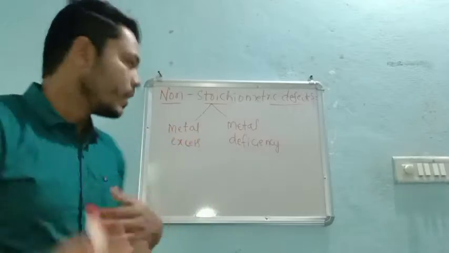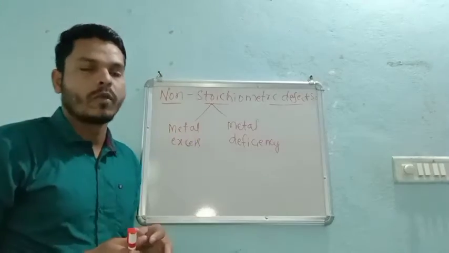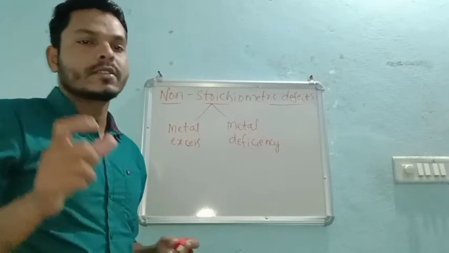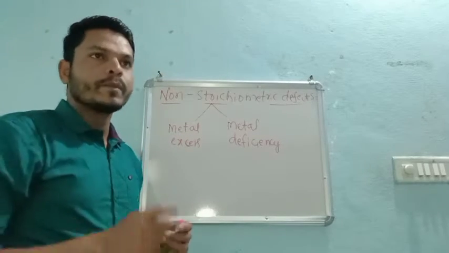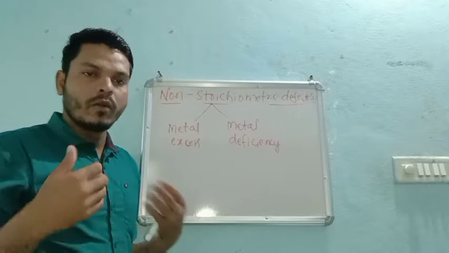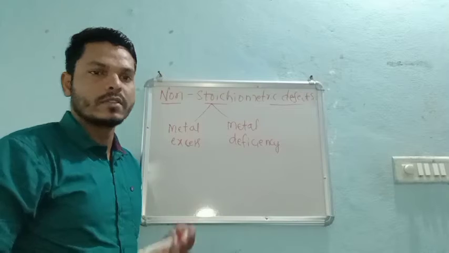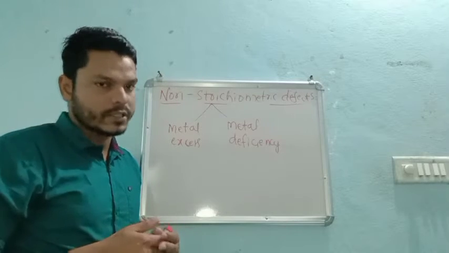So in physical chemistry, metal is the positively charged species, and that positive charge comes whenever there is a loss. These are very basic things we already learned in first year.